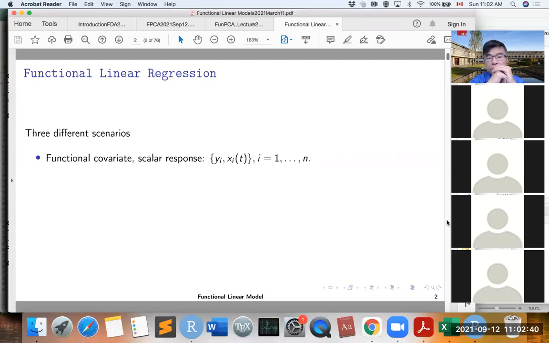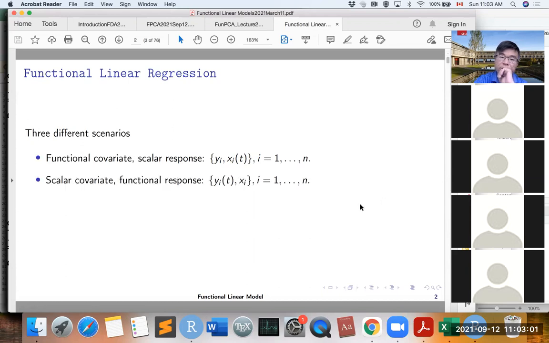For the functional linear regression model, we basically have to deal with three different scenarios. The first scenario is when we have a functional covariate xi(t) and a scalar response yi.